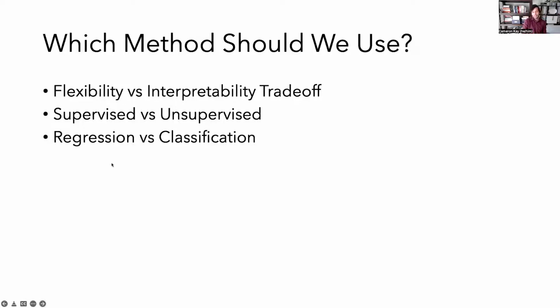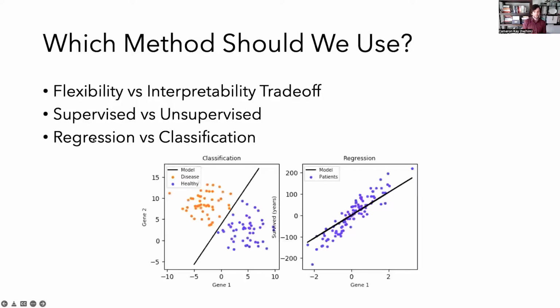In the context of machine learning, this is often referring to whether your outcome is a continuous variable, right? 1, 2, 3, 4, 5, etc., or whether it is a dichotomous or polytomous variable. So is there 1 group, 2 group, 3 group, 4 group, 5 group, 6 group, etc., right? So that's the big difference. One is a discrete variable classification, and one is a continuous variable.